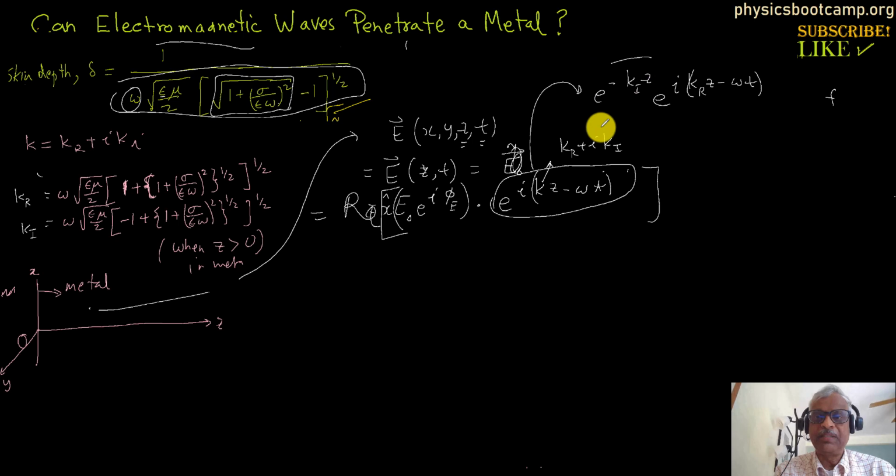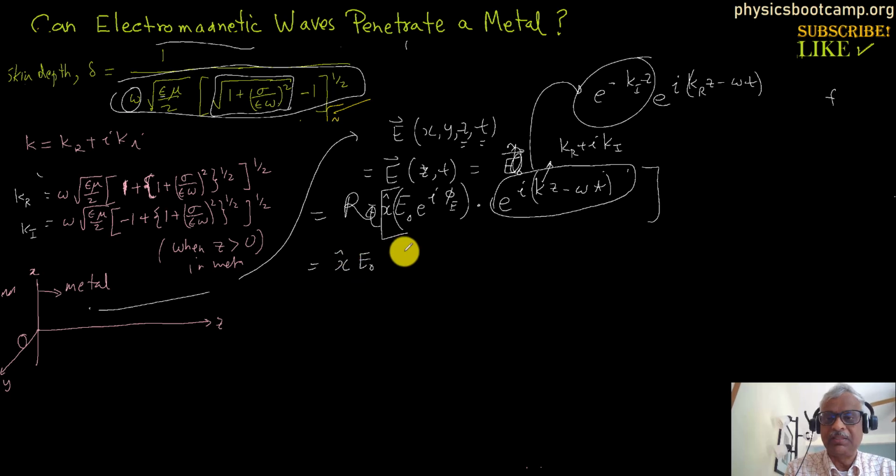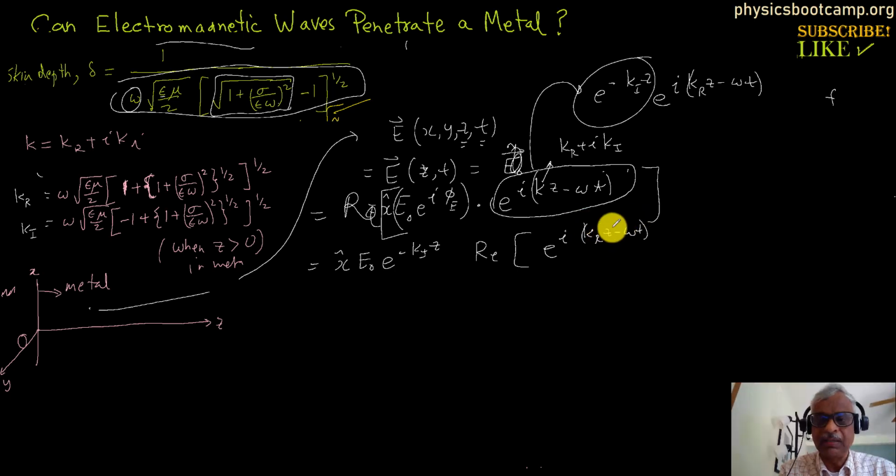So this is real. If you pull all of this out, I have an x-hat which is real, E0 is real, e to the power minus k_i z is real, and then the real part of e to the power i (k_r z minus omega t) and e to the power i phi_e.